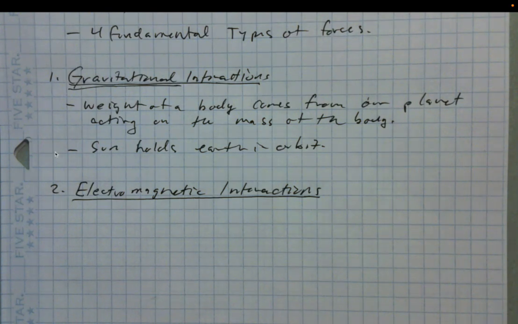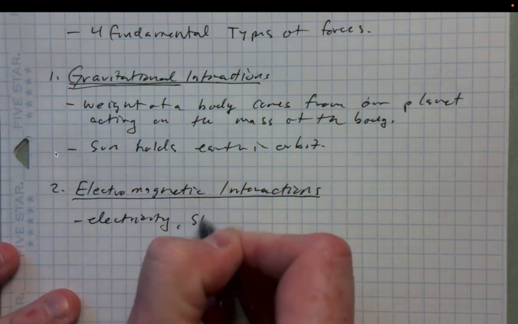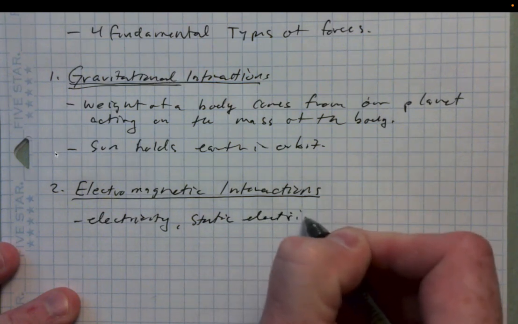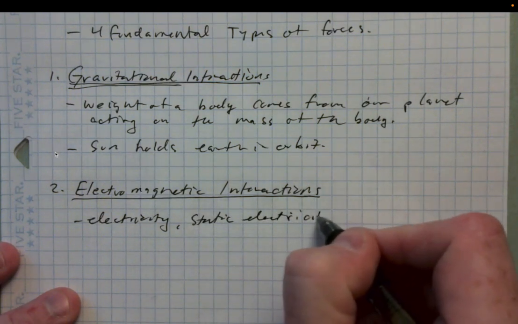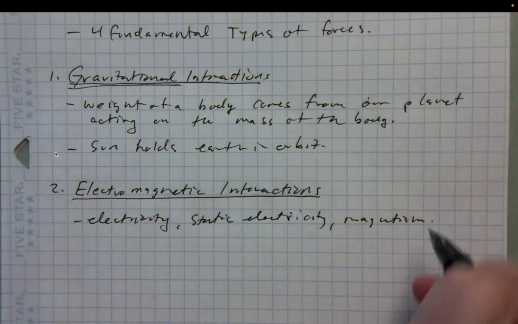And so what are we talking about here? Well, we're talking about electricity, static electricity, magnetism, that type of stuff. I'm just listing some terms you've heard that fall into this category.